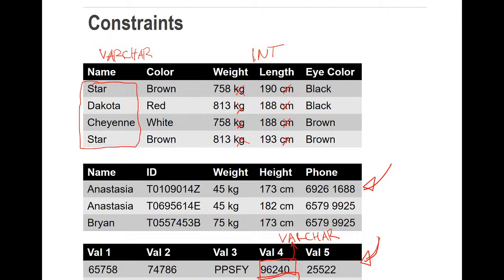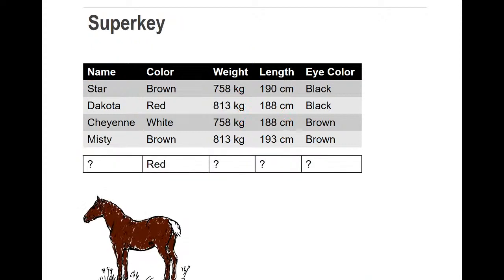Right, now there are other kinds of constraints, a few that we will discuss. The first one is what we call a superkey. The idea of a superkey can be generalized into functional dependencies, FD, so we will not go into this in more detail.